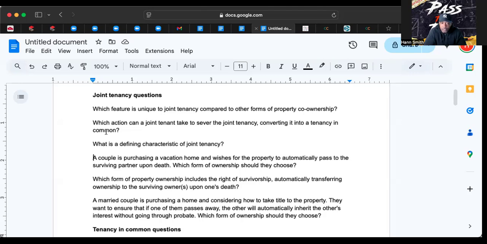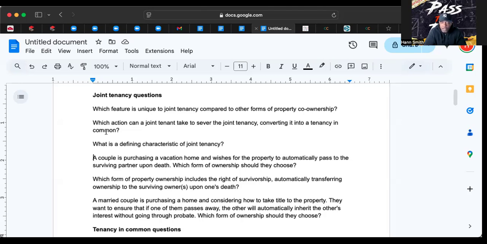That's the form of ownership they definitely want if they want to ensure that if one of them passes away, the other will automatically inherit the other's interest without having to go through probate or do any type of litigation. In this class, I try to take it from all these technical terms and put it in more layman's terms.